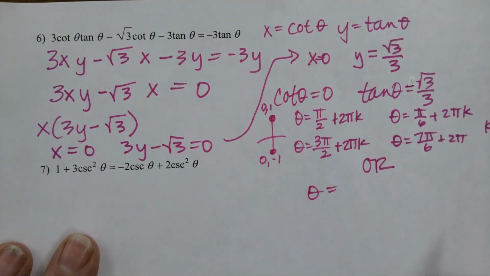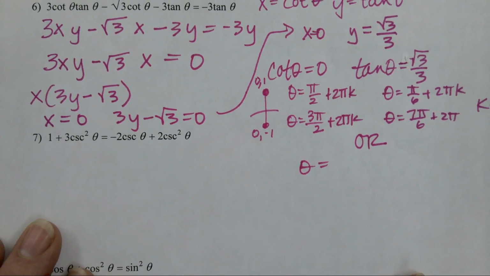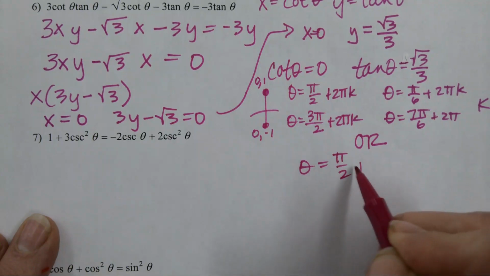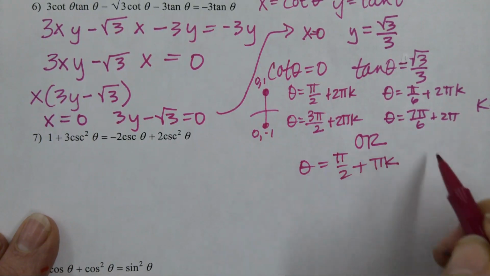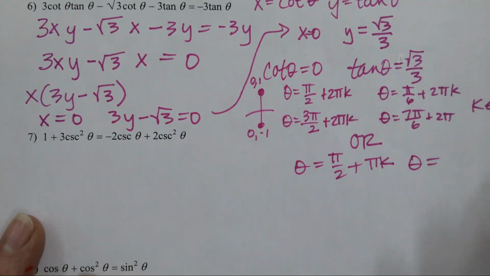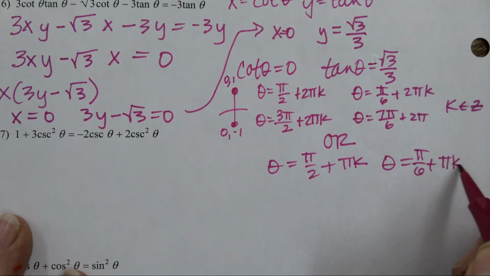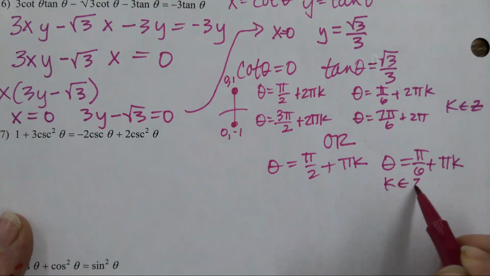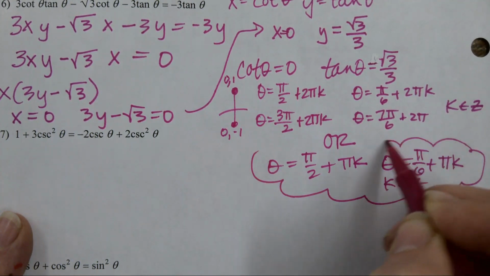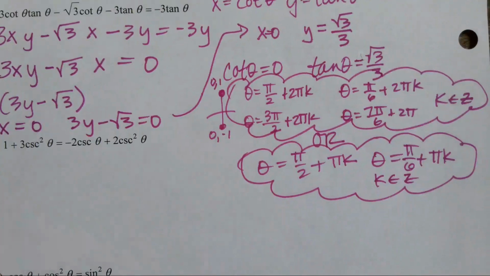Theta is pi over 2 plus pi k, and theta is again, k is an element of the integers, so I could accept this answer or this bigger answer. And that'll work for tangent all the time. Knowing your way around the unit circle is very helpful.